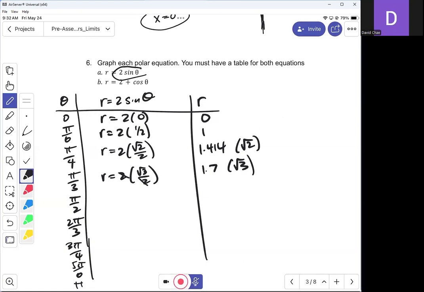Okay, and then pi over 2 is r is equal to 2 times 1, which is 2. Then it's going to cycle back, right? Radical 3 over 2, which is 1.7. This will be 1.414. This will be 1, and this will be 0.